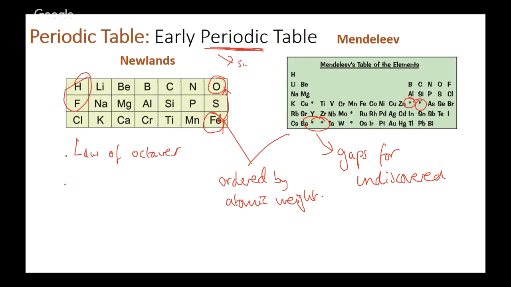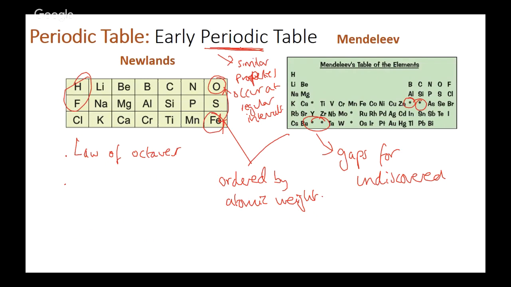I'll just get that down here. It's called a periodic table because similar properties occur at regular intervals. So like regular intervals, like periodically. So similar properties occur at regular intervals. That's why it's called a periodic table.